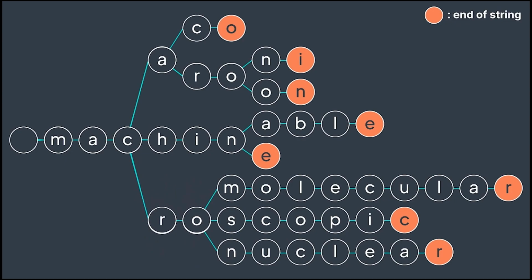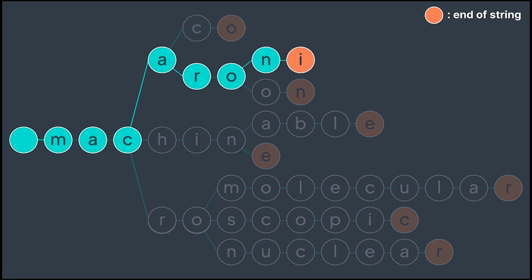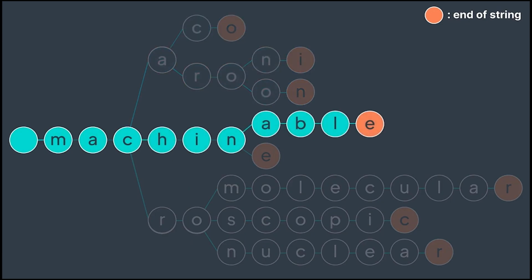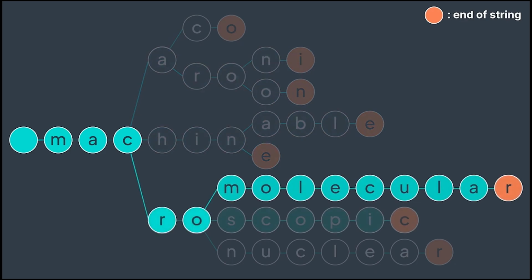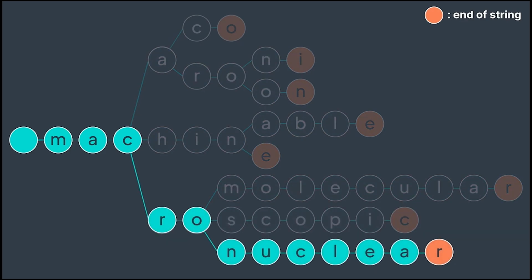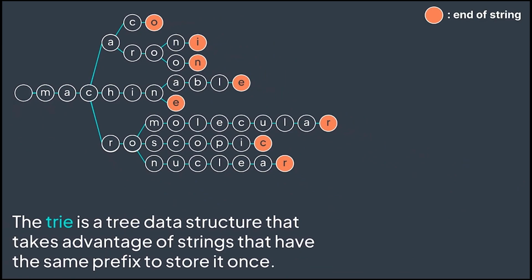What we just did is build the trie of these words, where each root-to-leaf path represents a string. So what is a trie? A trie is a tree data structure that takes advantage of strings that have the same prefix and stores it once. Now let's see the time complexity.